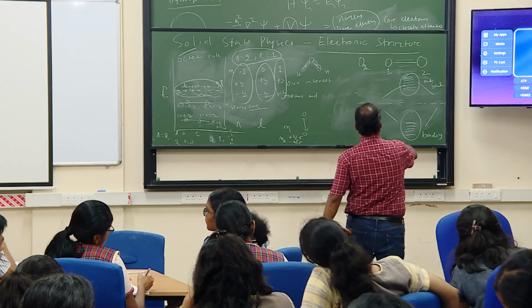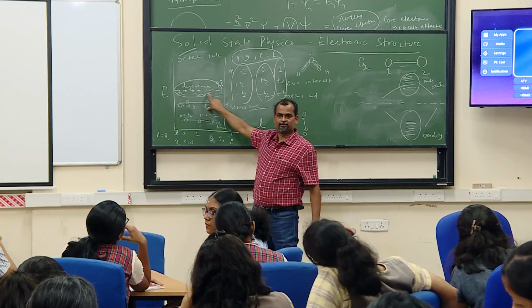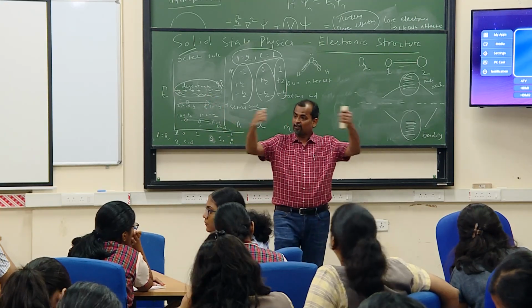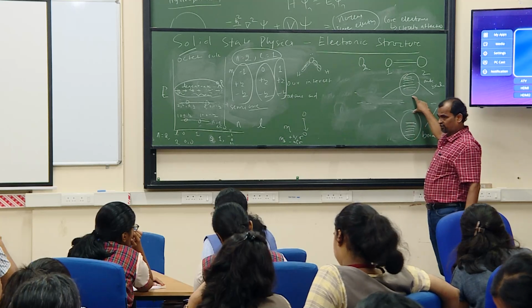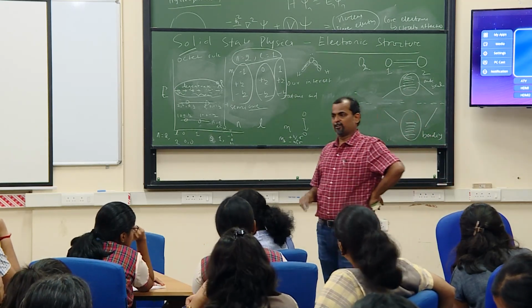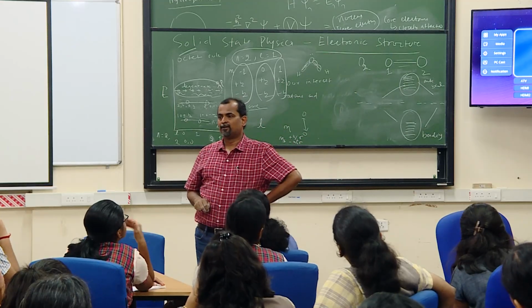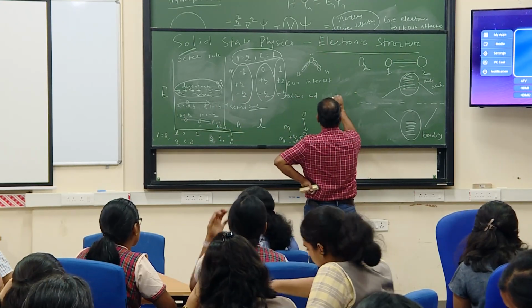So the molecular electronic structure is very different from the atomic one. It depends on what kind of interactions they have. This is a schematic, not accurate. Now, what kind of chemical bonding have you heard about? Okay, let's list them out.